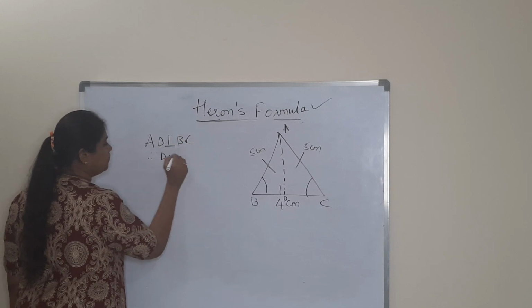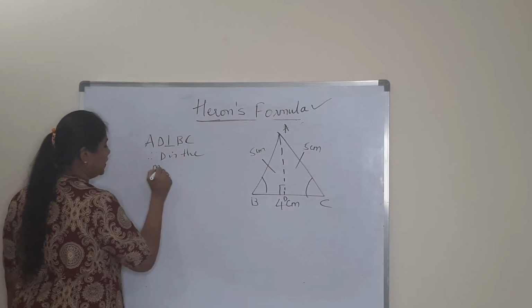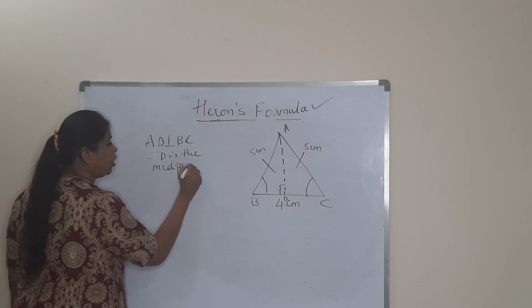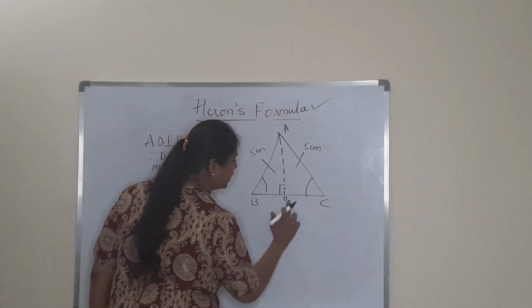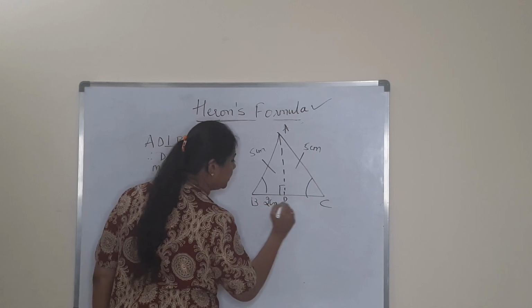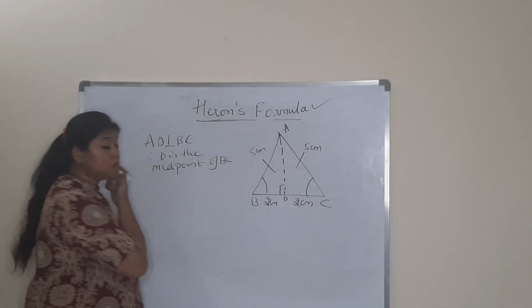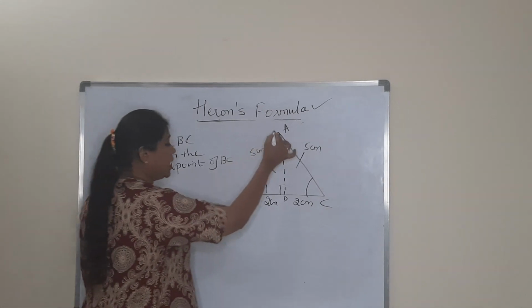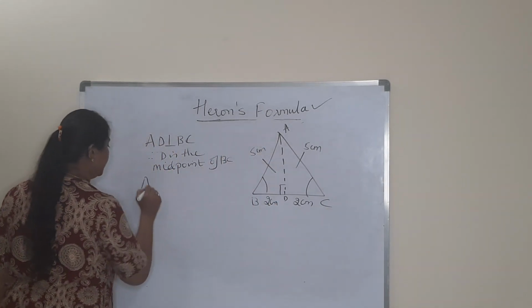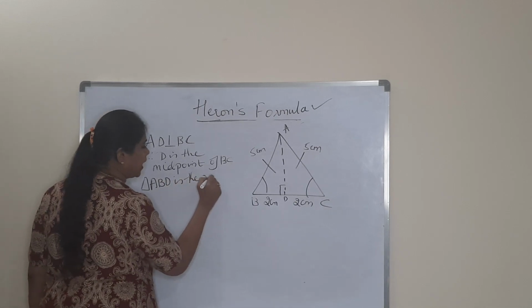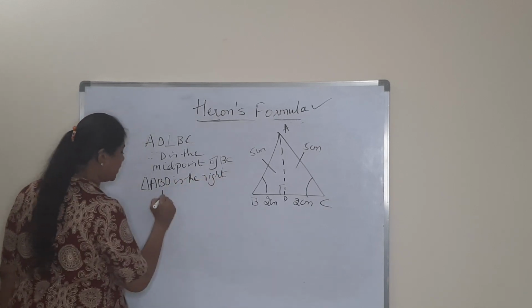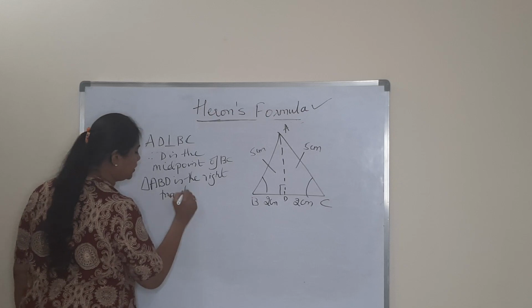Therefore, D is the midpoint of BC. That means this 4 centimeters is split into 2 centimeters and 2 centimeters, and you see that there's a right angle triangle ADB here. Okay, you write ABD is the right triangle, and we know the Pythagoras theorem.